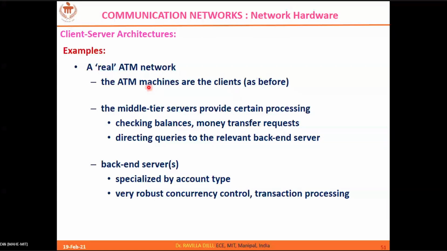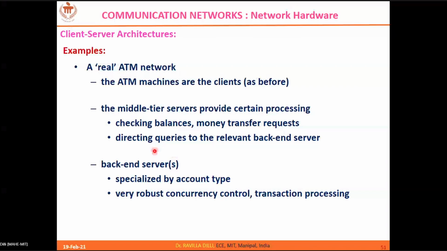Okay, so in this client server architecture of the bank ATMs, how does it work? There are two levels of servers that you have. One is the middle tier servers, where you can check your balances and money transfer requests, all that stuff. And there is also a backend server.